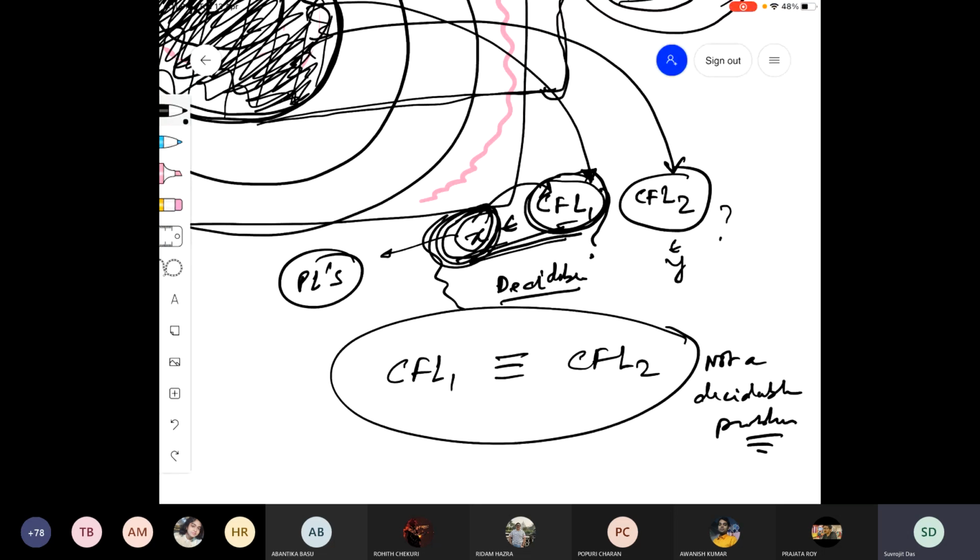So individual checking of whether a string is a member of a language, for example, you check whether X belongs to language L1, you check whether Y belongs to language L2, these individual problems are decidable problems.